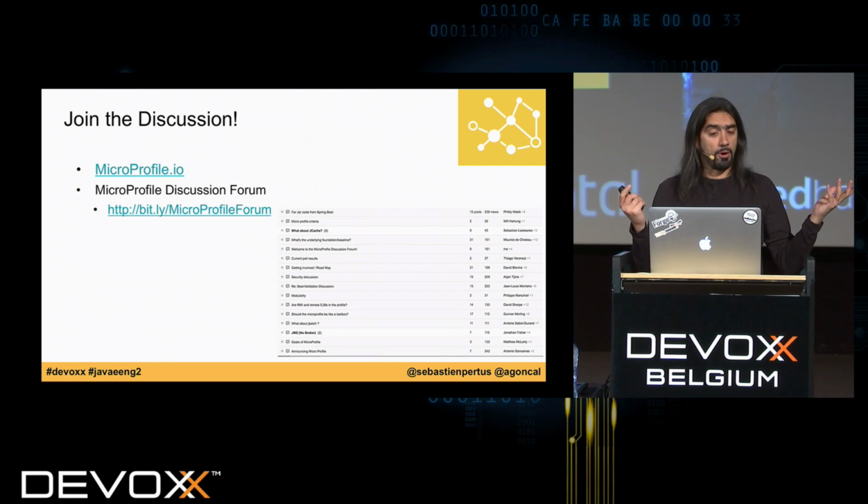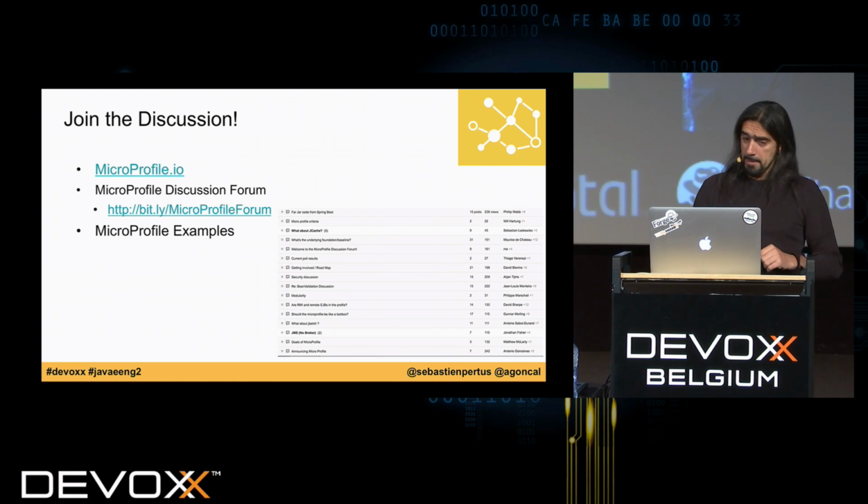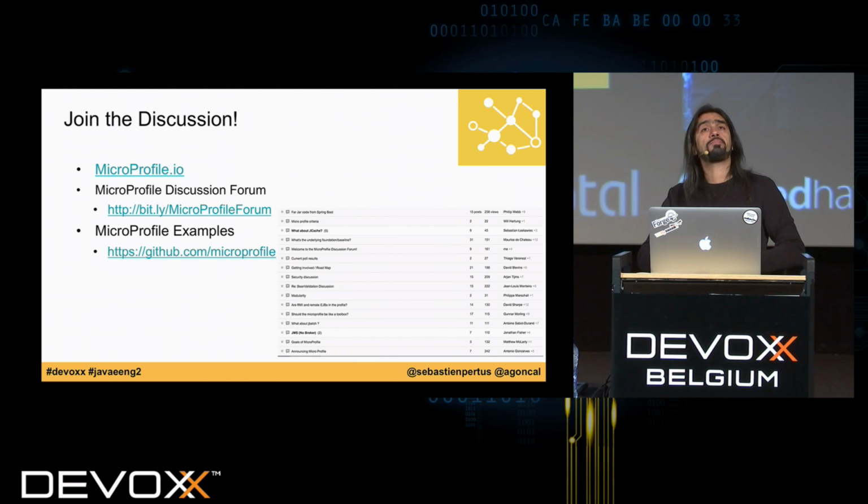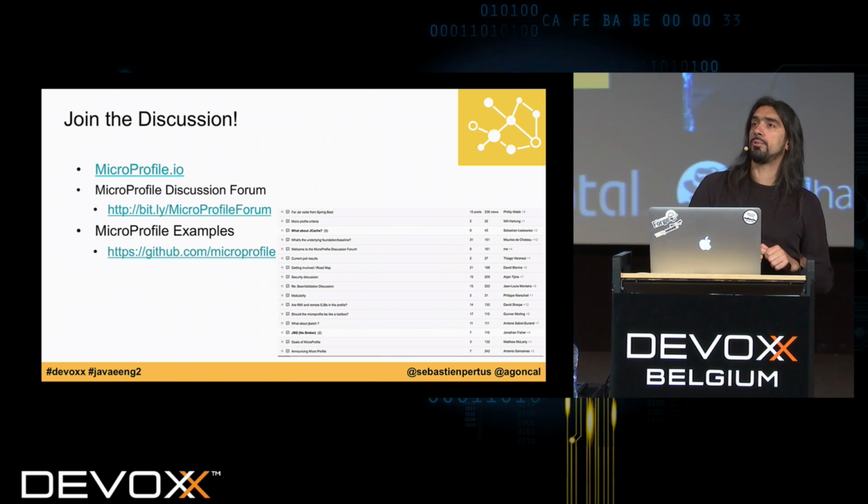There's a very open forum. So you just go to the MicroProfile forum. We have samples on GitHub. So really, the idea is to bring a lot of people along, build a consensus quickly, and hopefully move on to Java EE one day.